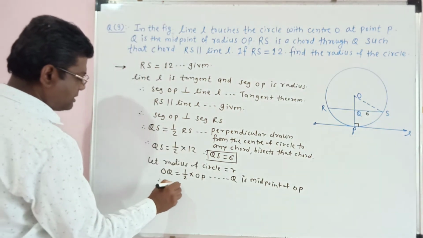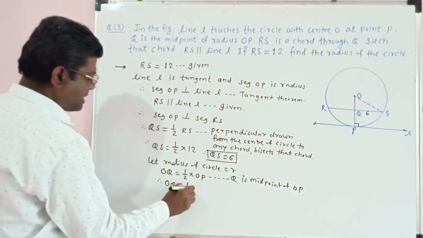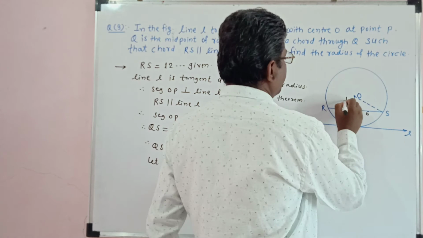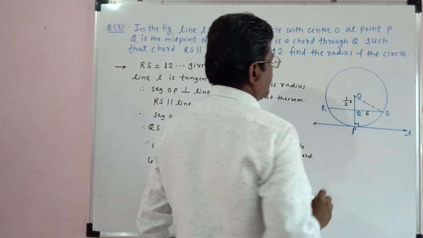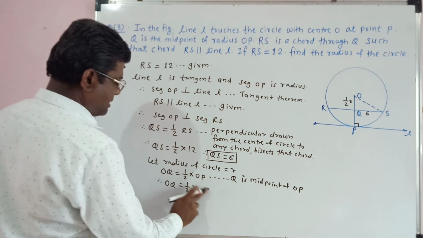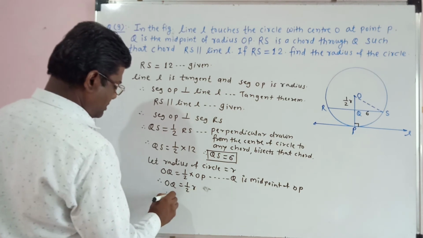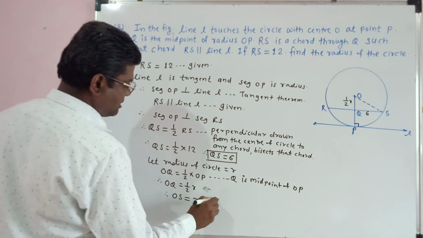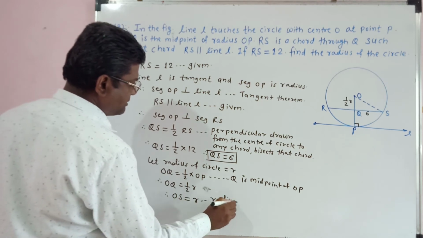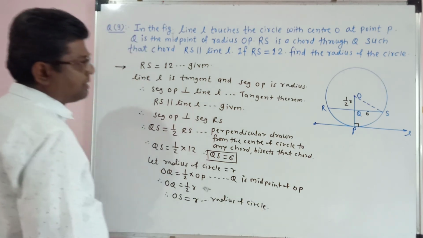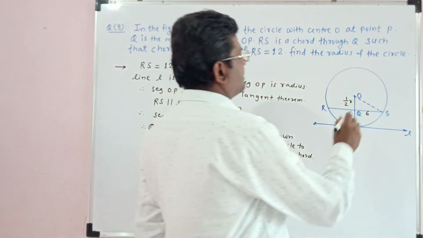Therefore OQ is equal to half into R. OS is equal to R. Reason is radius of circle.